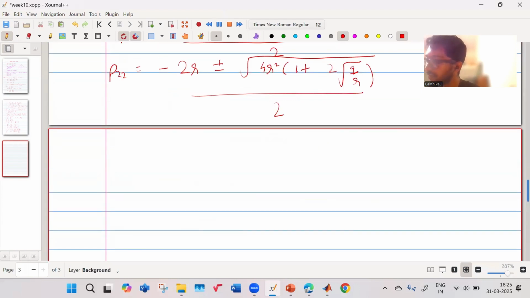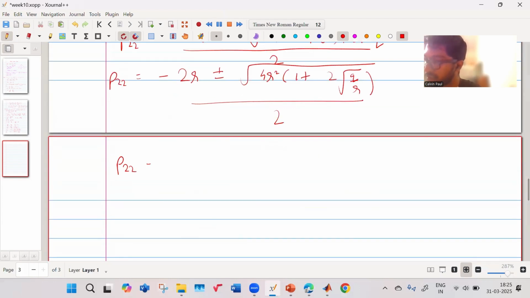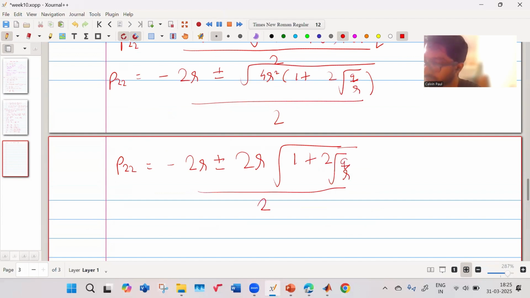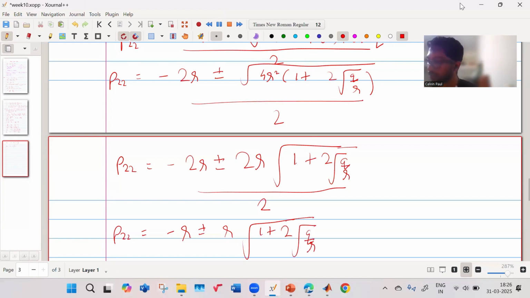So we get p22 is equal to minus 2r plus or minus 2r square root of 1 plus 2 square root of q upon r, upon 2. So we get p22 is equal to minus r plus or minus r square root of 1 plus 2 square root of q upon r.